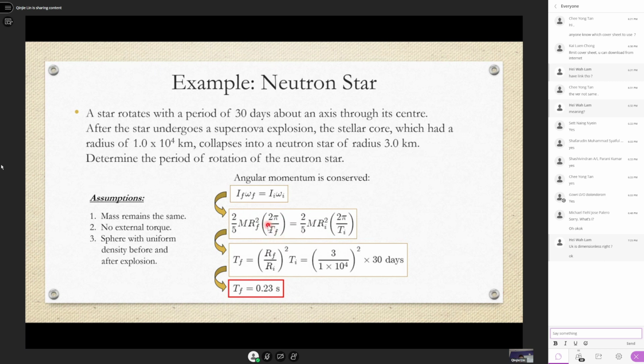But the radius changed by a lot, as written in the question. So if the radius changed by a lot, the period of rotation, or rather the rotational speed, will also change accordingly, according to conservation of angular momentum. If you use this to calculate, you will get the new period.